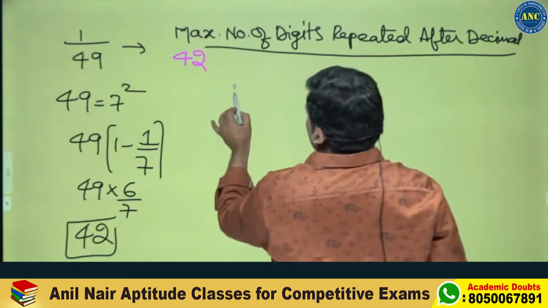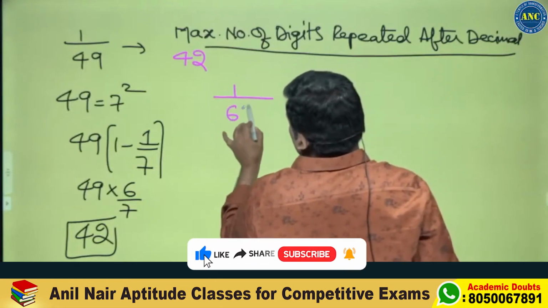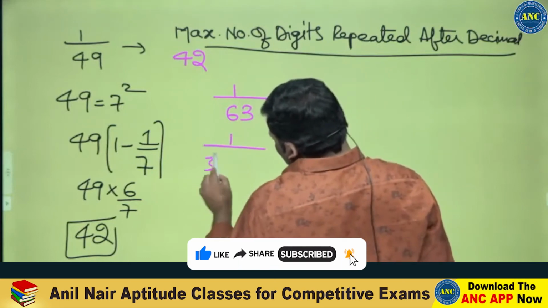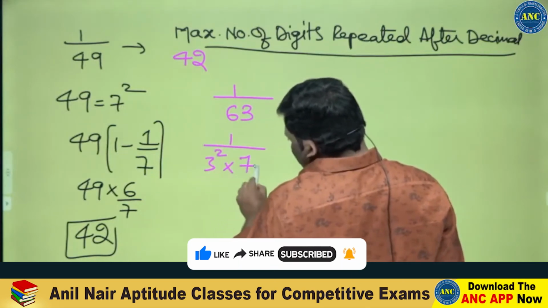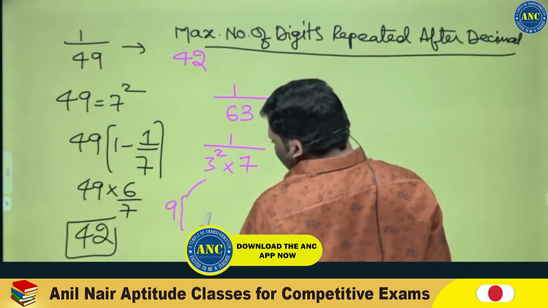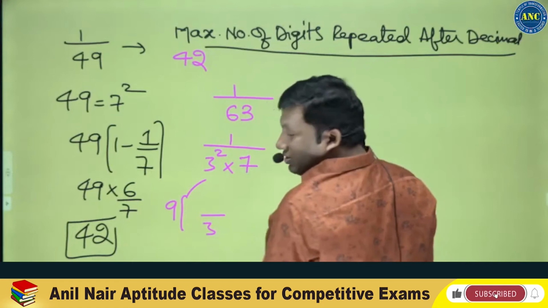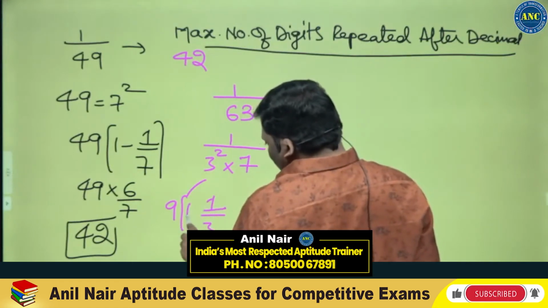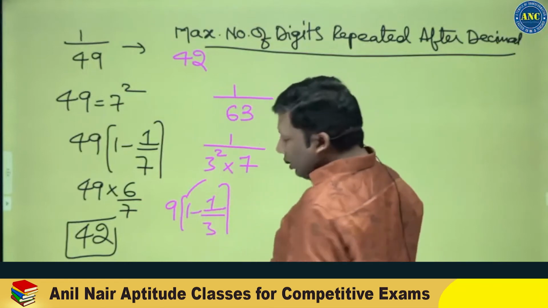For example, if it is 1 by 63, that is 1 by 3 square into 7. Are you all with me? For 3 square, that is 9 numbers, 9 is a composite number. For every 3 consecutive numbers, 1 number is divisible, 2 by 3 are not divisible.